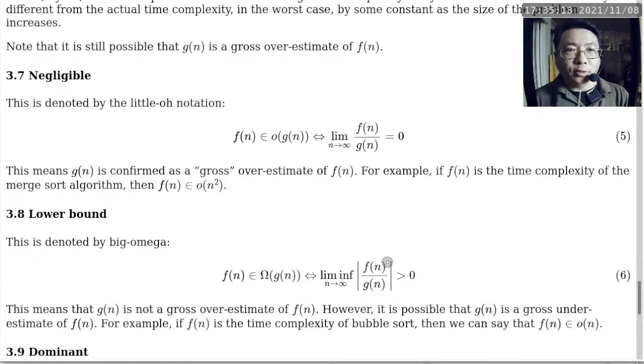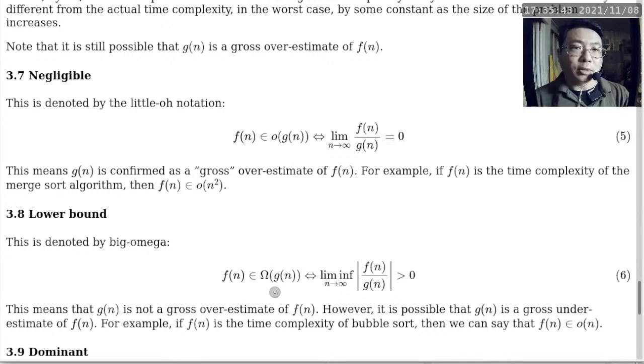Then some of you are going to say, what if f of n is n squared, and what if g of n is the log of n? As you probably know, n divided by the log of n is going to approach infinity when n approaches infinity. So that means this portion here is going to be infinity. So would it still meet this requirement?